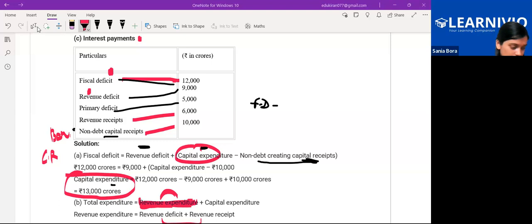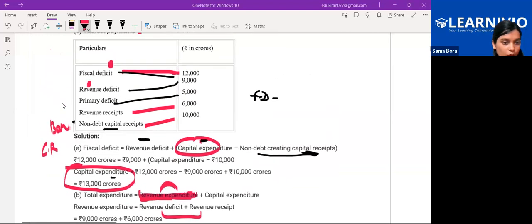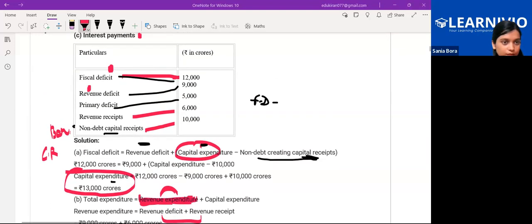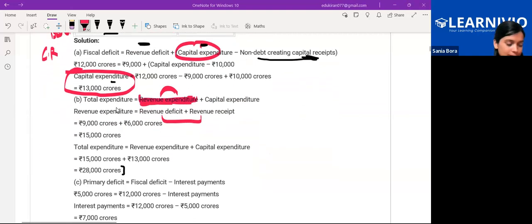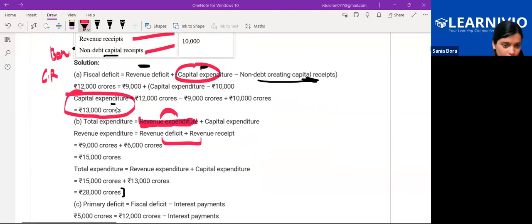Now find the total expenditure: revenue expenditure 15,000 plus capital expenditure 13,000. 15 plus 13 is 28,000. Okay. Wait, ma'am. I've read this also. Okay.